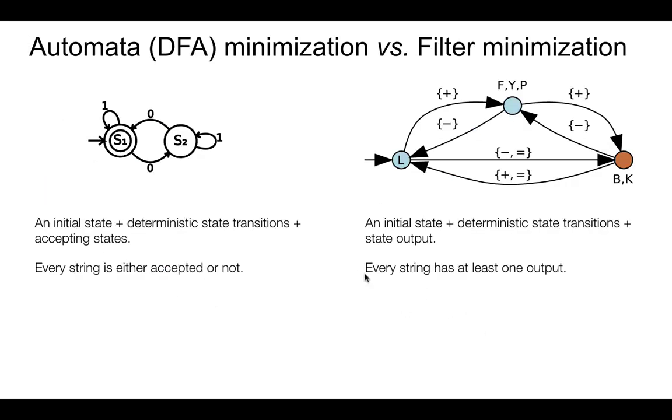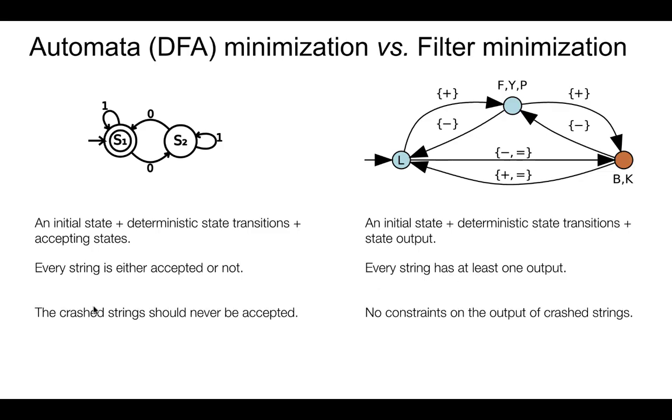You may notice that the filter minimization problem is very similar to automata minimization. Both filters and automata have an initial state and deterministic transitions, but they are different in terms of their output. The automata choose to accept a string or not, while filters have a slightly richer output set. They assign outputs to every string.